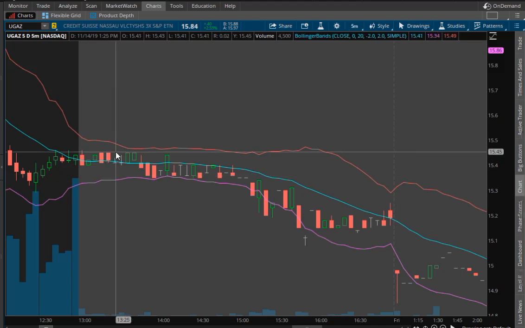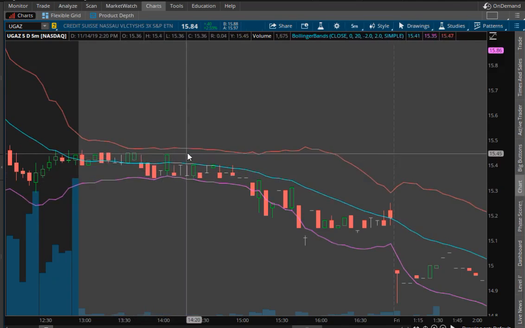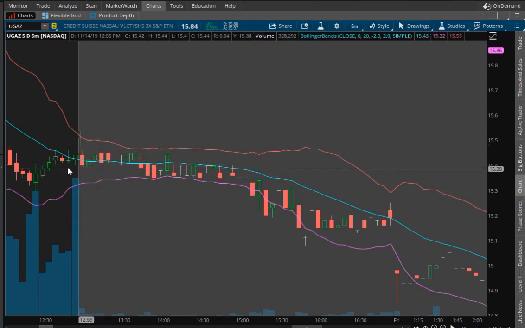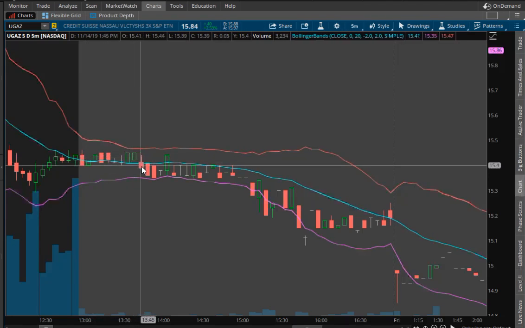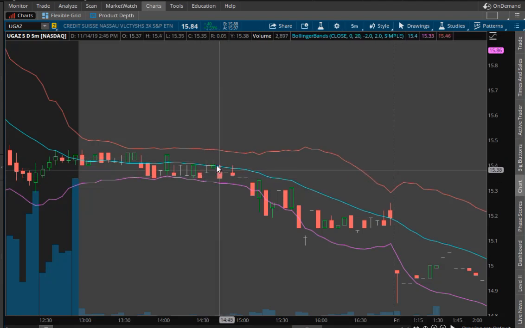Right here is a great example of a volatility squeeze between the Bollinger Bands. You can see that the share price pretty much stays around the median range, bouncing up and down in between these 2 Bollinger Bands.